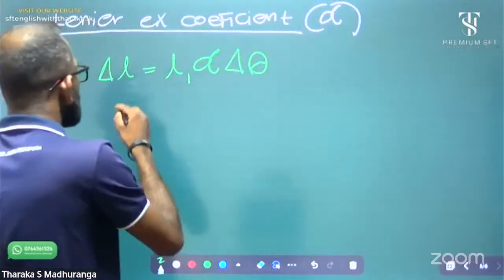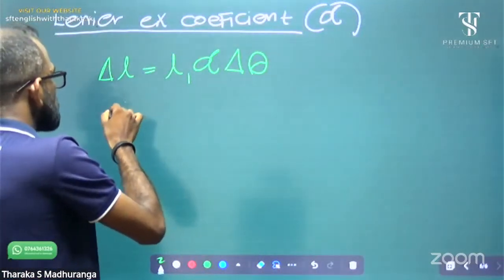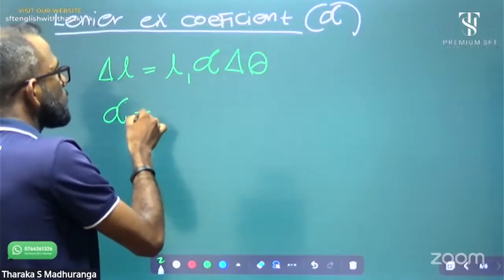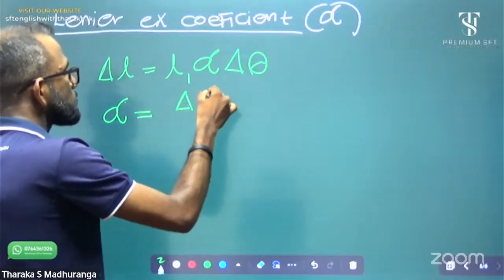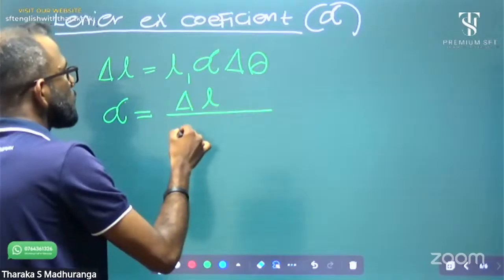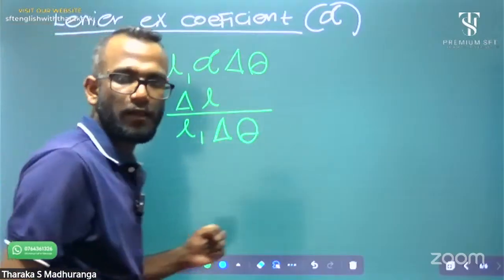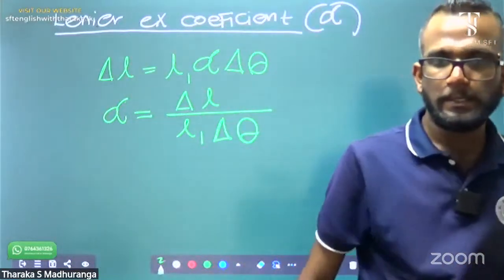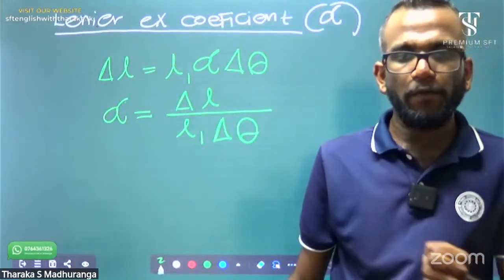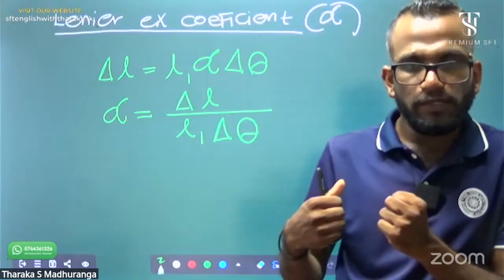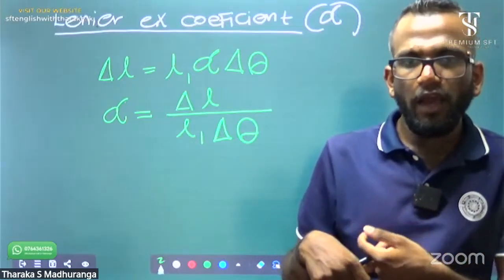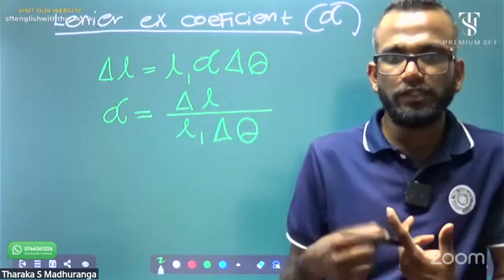Alpha equals delta L divided by L1 delta theta. Okay, this is the linear expansion coefficient. Now, how can we define this linear expansion coefficient?